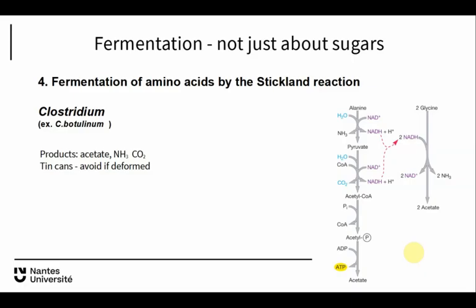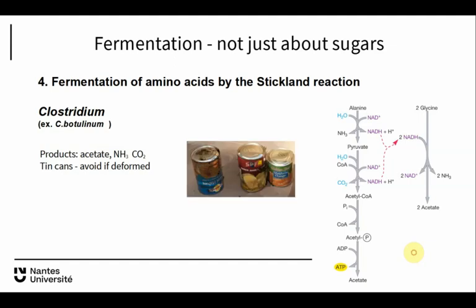Later on, any spores from Clostridia inside your tin can may germinate because they're present in a rich food source, and then start performing this Stickland reaction. This will produce gas, CO2, which causes the deformation of the cans. So if you have any old tin cans in your house and you see them buckled, there's been gas produced inside, and you should never eat anything that is in a tin can like this.